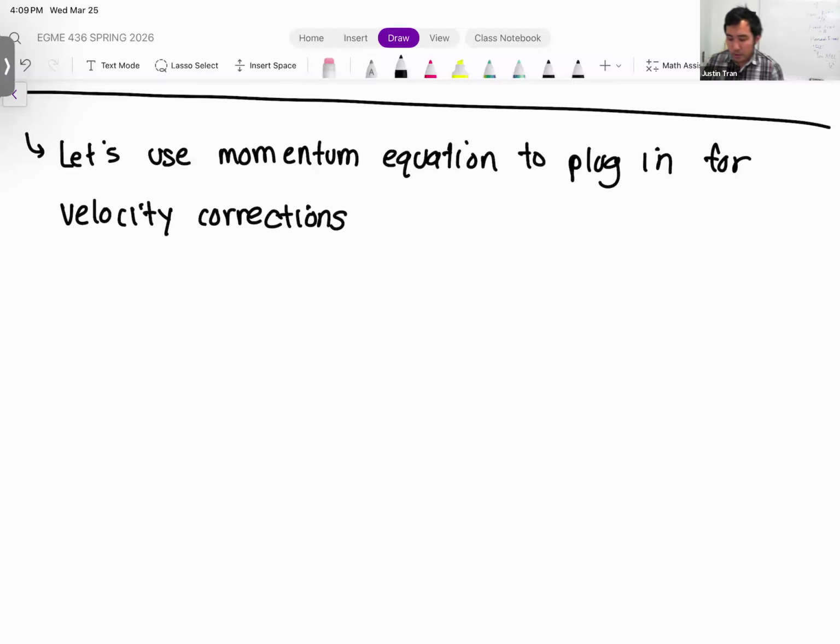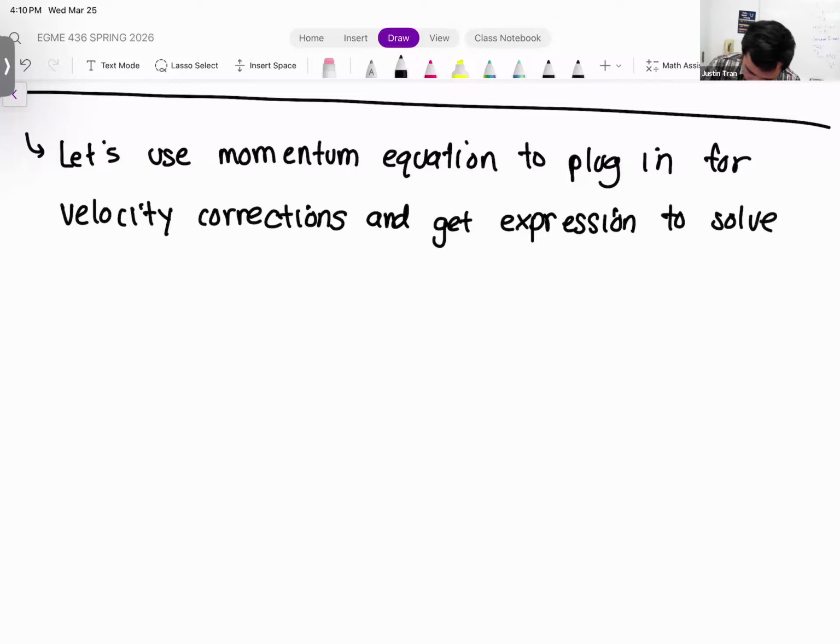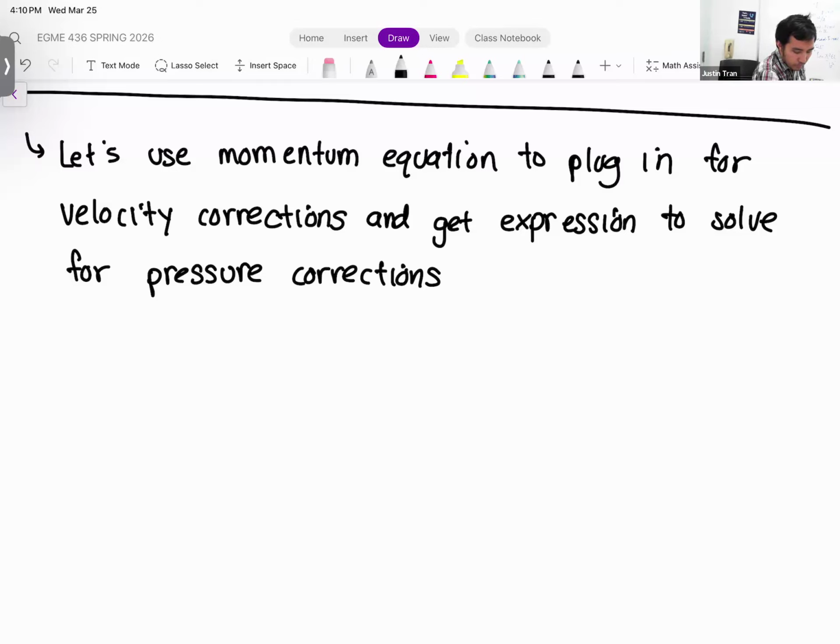So we're going to use the momentum equation to plug in for the velocity corrections, and basically put our continuity equation in terms of pressures instead. All right, so let's go ahead and do that.